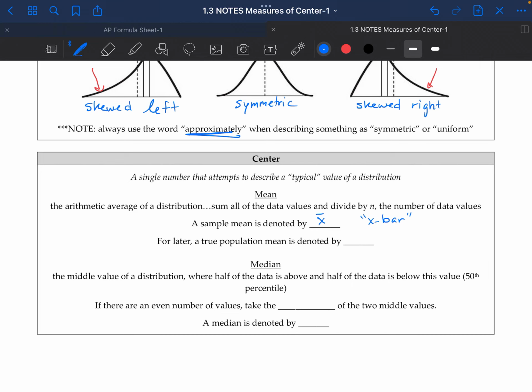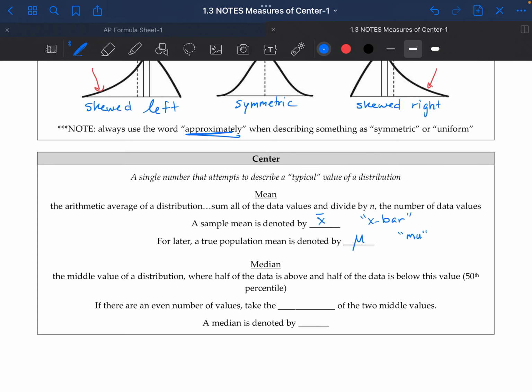The other way to denote it would be to think about the whole population. If you're talking about all American baby birth weight, every single baby that's ever been born, the mean of that is this Greek letter that looks kind of like a U with a tail on the front. It's actually not a U, it's the Greek letter for an M, and it's mu.